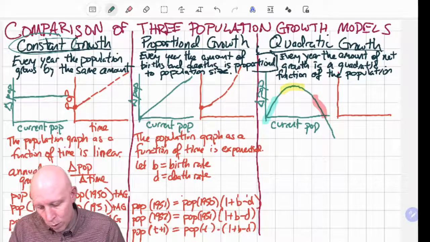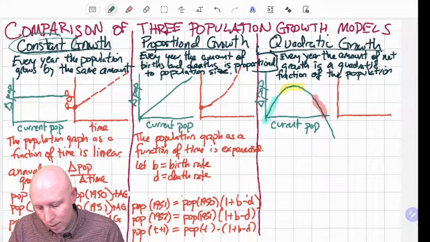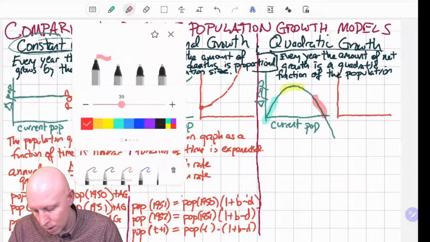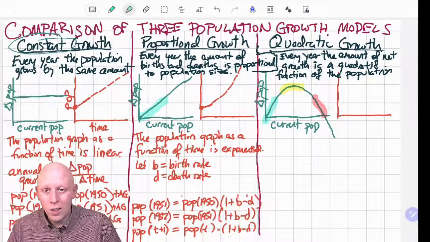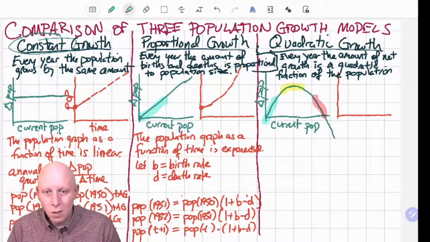So this blue part of the curve, this green part of the curve, you can see here that kind of looks like this proportional growth type of structure. There's no limits on maybe the vegetation or the space that's available.